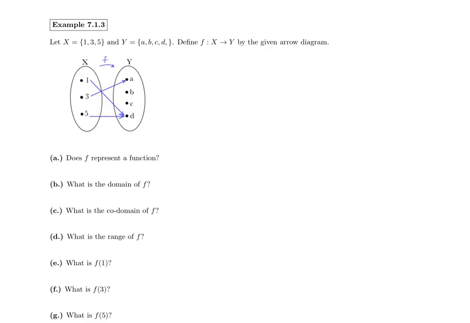Let's look at another example of an arrow diagram and answer some of the same questions that we were asked before, now that we've looked at them a little bit longer. Does this arrow diagram with our function f represent a function? Well, each element of the domain is mapping to an element in the codomain, and each one is mapping to only one element in the codomain.